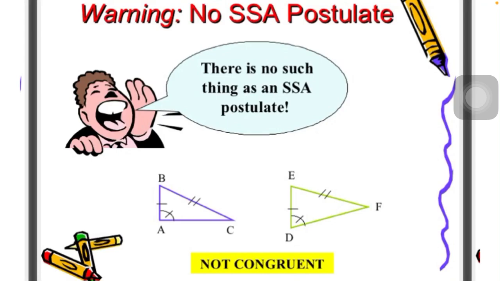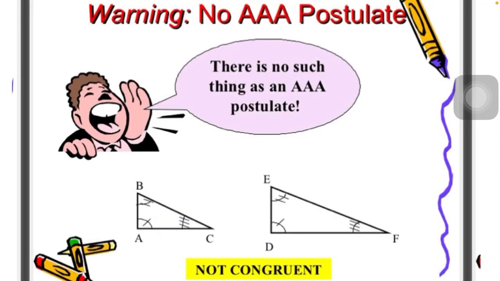Now next thing you have to remember is that there is no SSA congruency, because whenever you have two sides and one angle which is not included in the sides, you cannot apply SSA. Remember that, because if you take two sides but the angle is not included in it, you cannot write it like this, because SSA is not any postulate for congruency. And another one is AAA postulate.